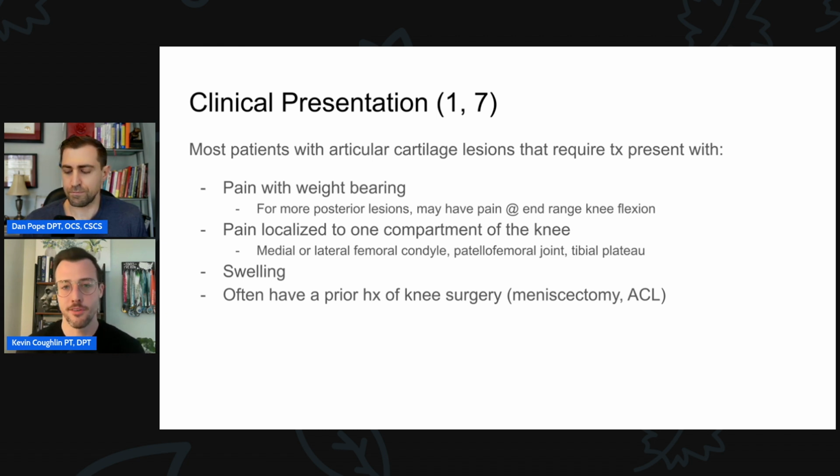But if you have that same person coming in who had an ACL reconstruction a couple years ago and then had to get a partial meniscectomy, and now they're having some kind of grinding behind the kneecap, could be patellofemoral pain, but I think it would be wise to just consider it could also be some damage to the cartilage. So I think that history is important, but otherwise, I think it's a standard clinical presentation we see with other intra-articular knee pathologies.